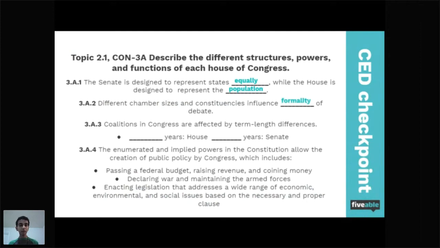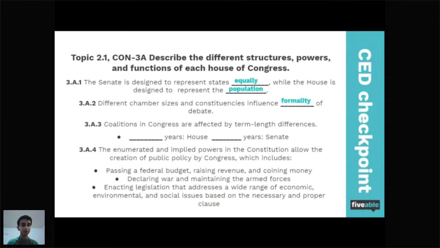It's hard to put into one word, but because the House is larger, the debate is much more strict, and it's closed rule debate, like we said. Whereas in the Senate, there are fewer people, so there are more opportunities for amendments on bills, and the debate is more open.